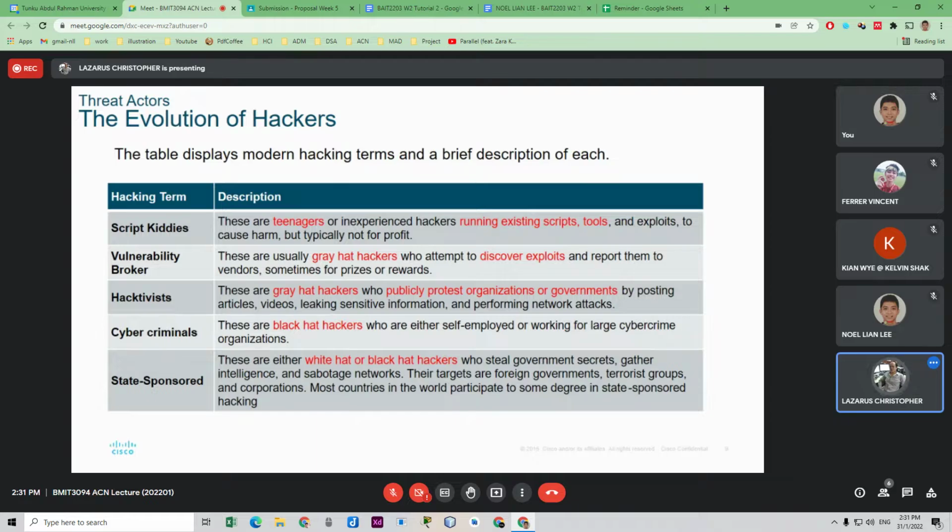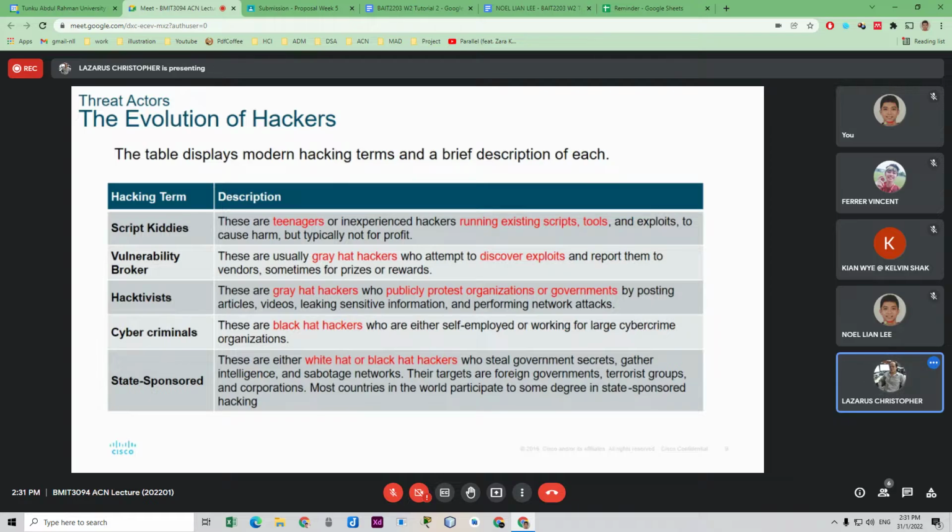So they are activists, but they use the computer to show their displeasure. They post articles, videos, they leak sensitive information about your company just to hurt your company, or maybe they even perform network attacks. So they sometimes do graffiti on your homepage.